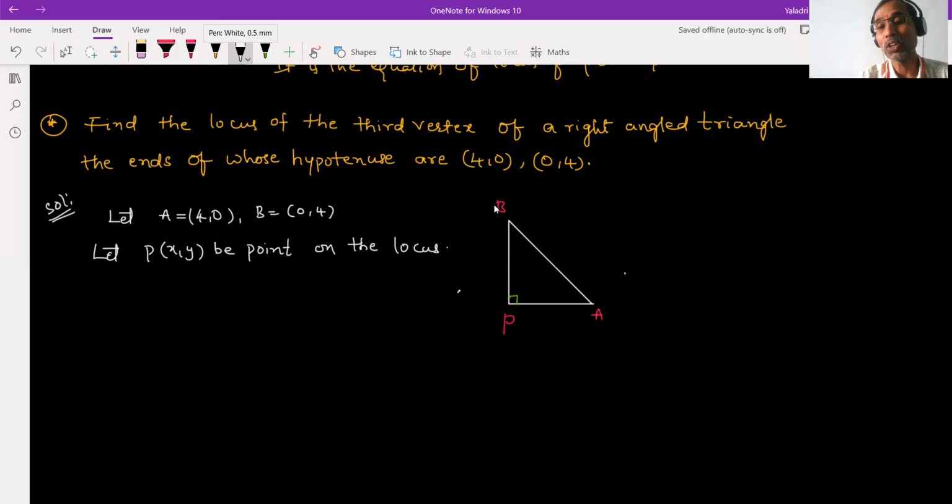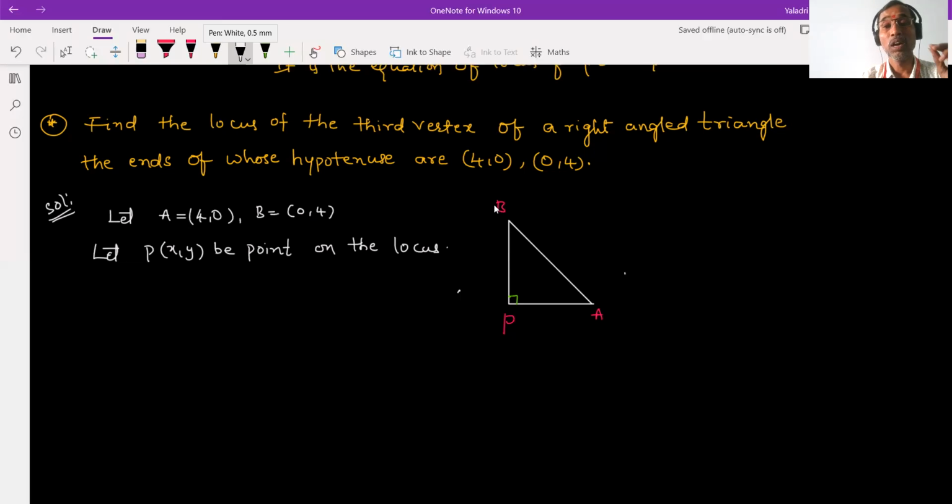The third vertex of the right angle triangle, the ends of the hypotenuse. AB is the hypotenuse, and A and B are the end points of the hypotenuse. For this type of problem, there are 4 problems from the exercise and the examples in the locus.